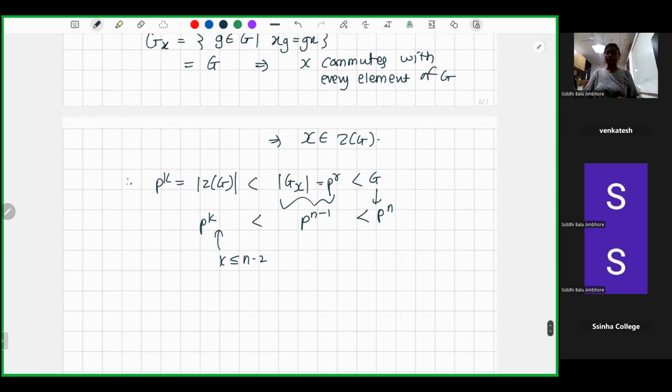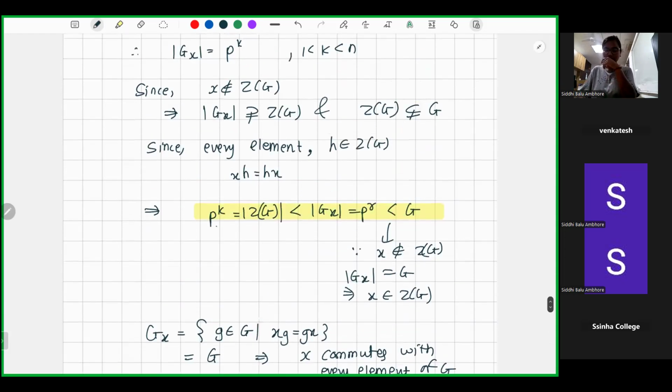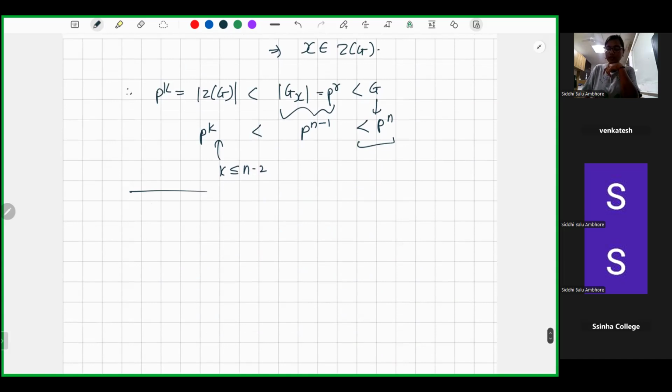Okay. So this p power n here, p power n minus 1. This just says that it is less than or equal to n minus 2. This need not be exactly equal to, but here, okay. And our question was p cube. So the only possibility, here I had p cube, which is contained in p square.